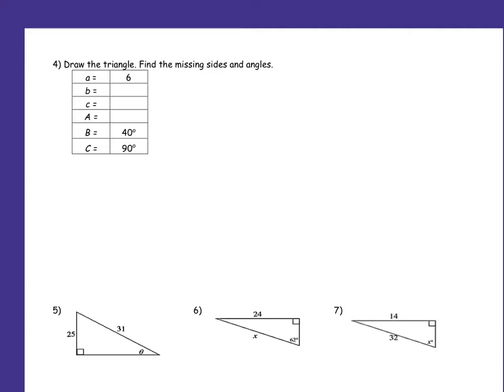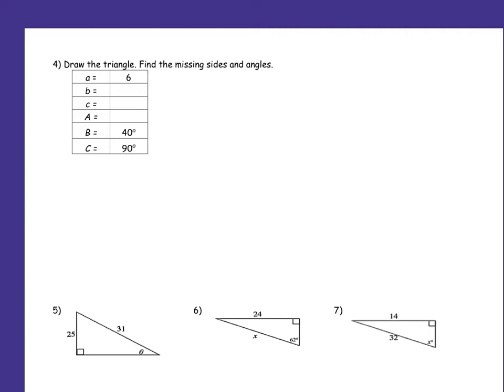This problem, number 4, says draw the triangle and find the missing sides and angles. Really quick before I start, I want to make sure how it says it. I think on the homework it says solve the triangle.